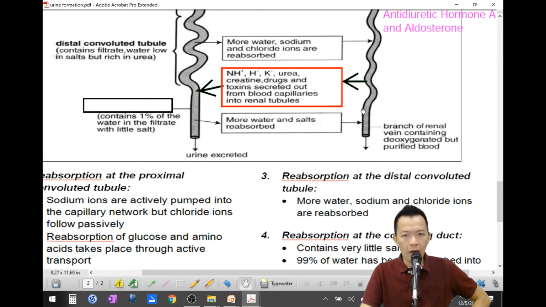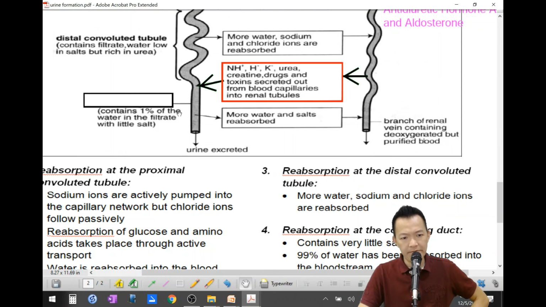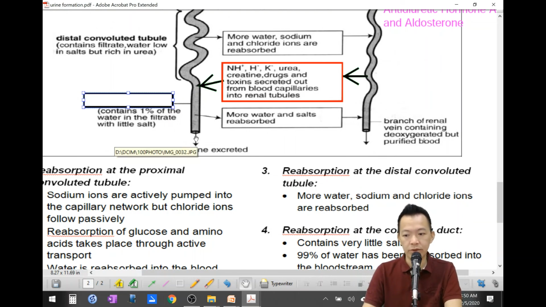So remember, a lot of water and minerals will all be absorbed back. Just a small amount of mineral and water will be removed from your body and become the urine. So at the end of the distal convoluted tubule, it contains only almost 1% of the water in the filtrate with a little salt. Now the waste water and mineral salts, where will they go? From the distal convoluted tubule, they go to the collecting ducts.